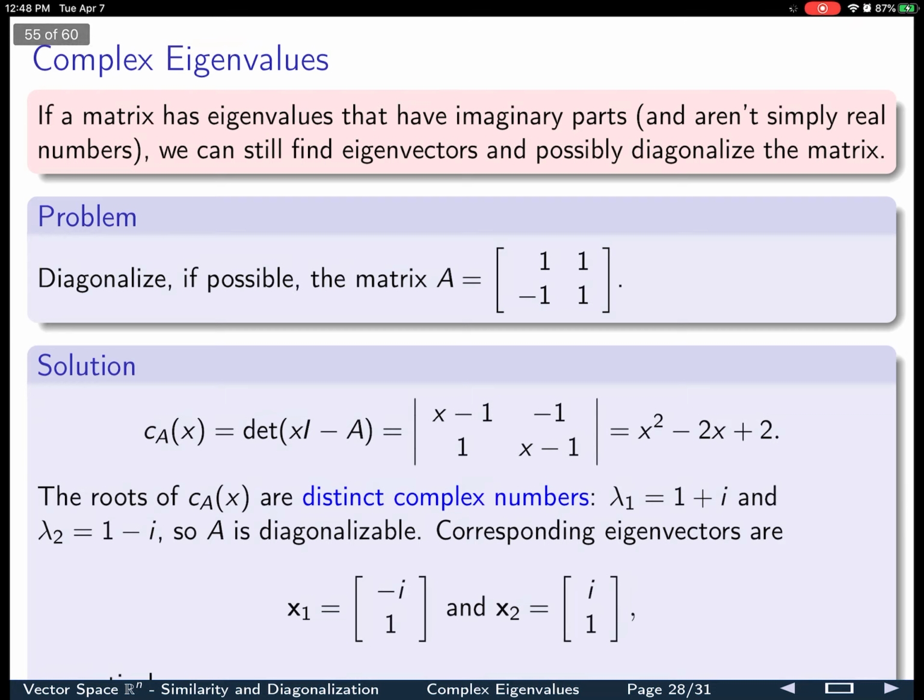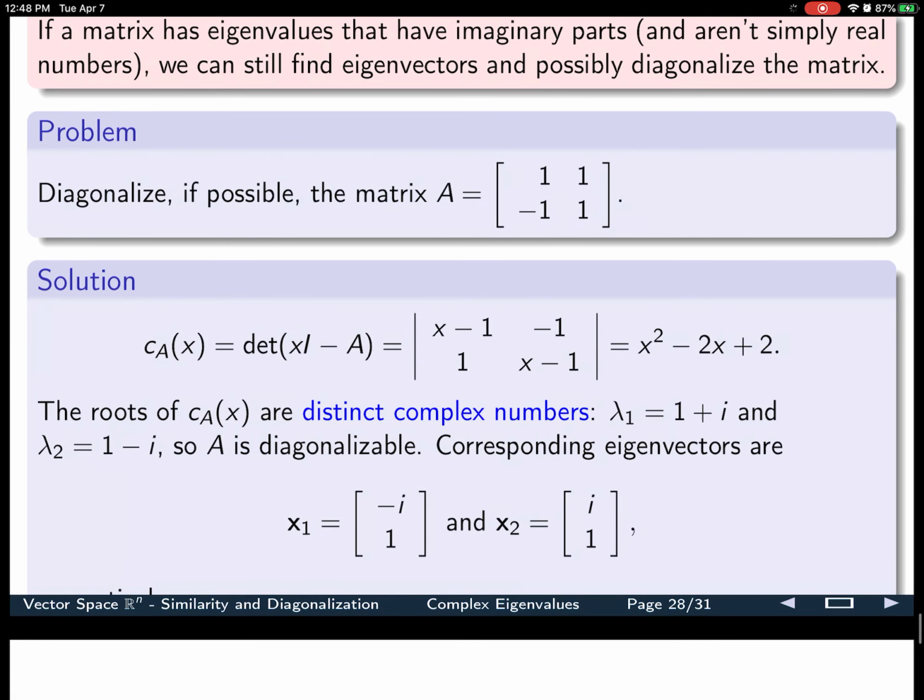We get a little bit of a weird characteristic polynomial, x squared minus 2x plus 2. The only way to solve for x there, we would find that x is complex. If you're using the quadratic formula, you would come up with 1 plus i and 1 minus i as your two complex eigenvalues. Do notice that those eigenvalues come in a complex conjugate pair.